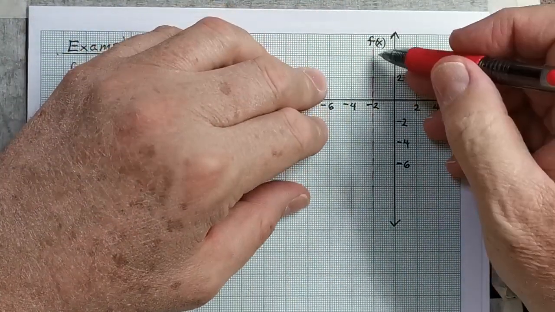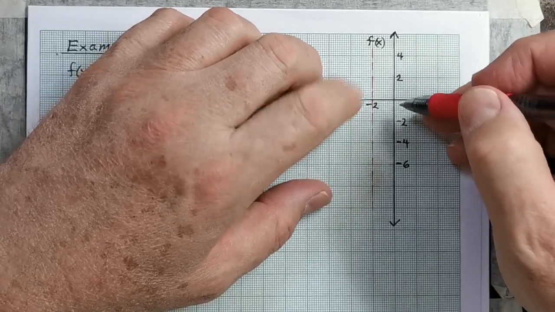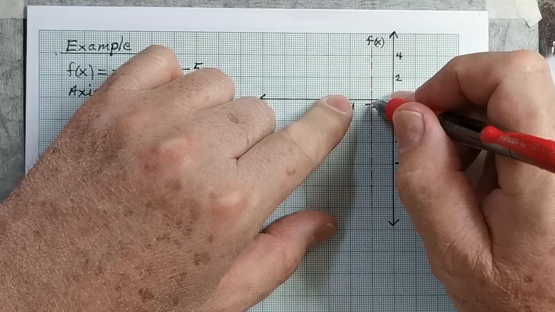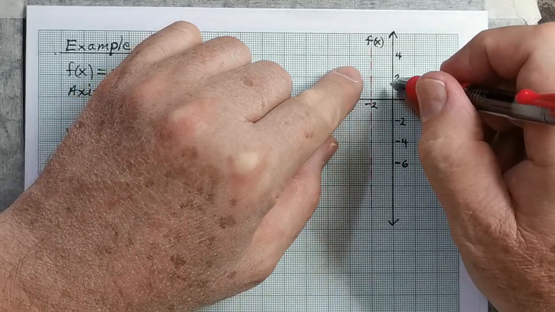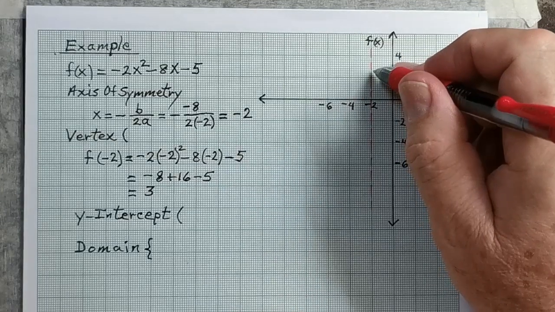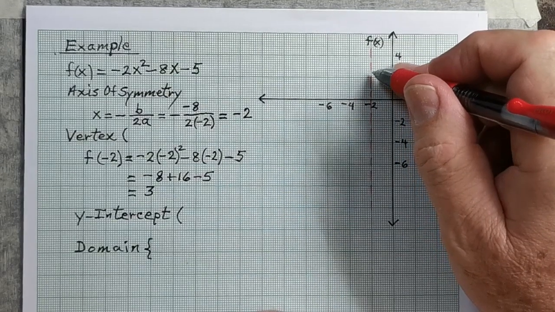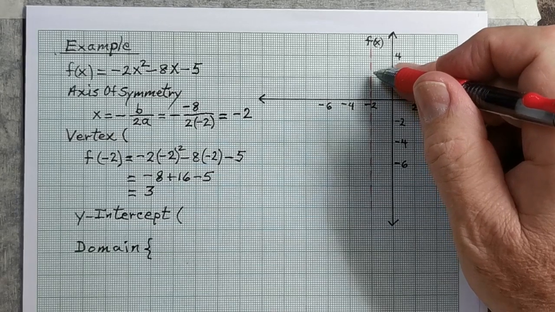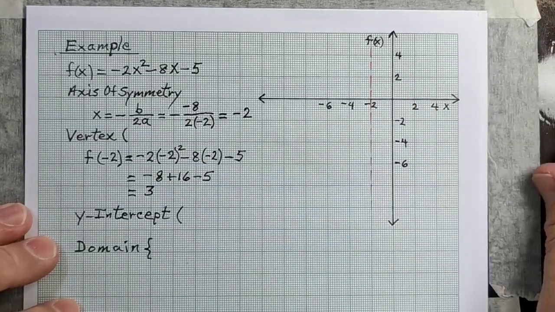At any point, I can take two points from either side of this graph. The axis of symmetry is right in the middle. So as I come up, the vertex must fall on the line of symmetry. That means that the vertex has an x-coordinate of negative 2.